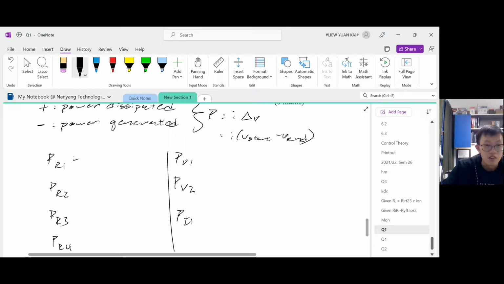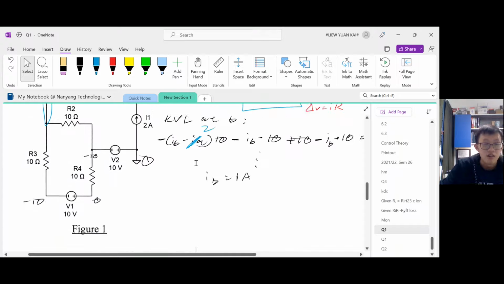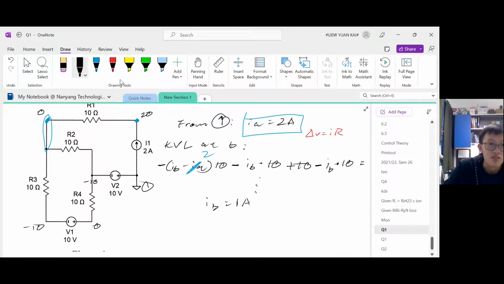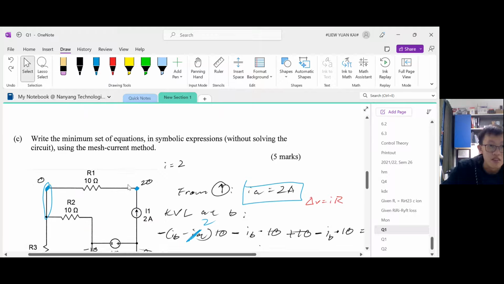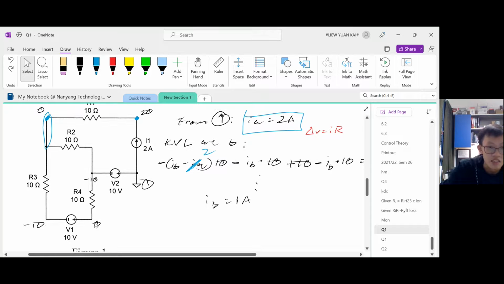So I delta V. What is the I going through R1? What I suggest is after you have solved the values for the node voltages and the mesh currents, please label them on the diagram. For example, VA is 20, VB is 0, VC is -10, VD is 0, and so on. It helps you easily identify the V starts and V ends.